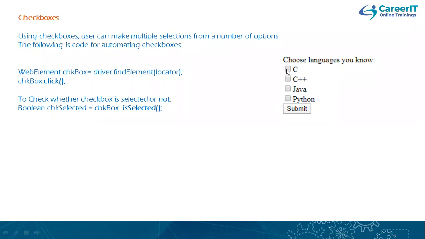That means click, so they gave the method name also click. And if I want to enter some text, that means I need to send some keys. Keys are nothing but my keyboard keys. I need to press some keys on my keyboard, I need to send my keys into that particular text box. That's why the method names are also very meaningful. Anyone can easily remember and understand, right?